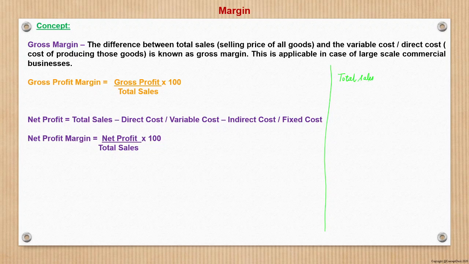Say suppose a pencil manufacturer. So what will be the total sales? Suppose the pencil manufacturer sells in a year, annual terms we will be speaking, say 1,000 pencils priced at 2 rupees per unit. So total sales is 2,000 rupees, right?